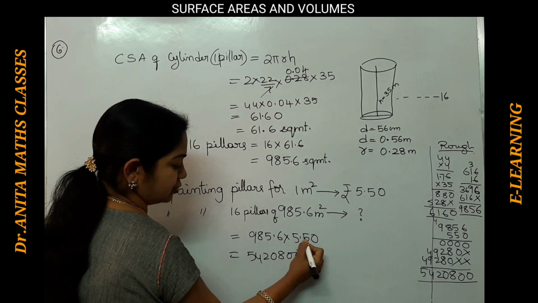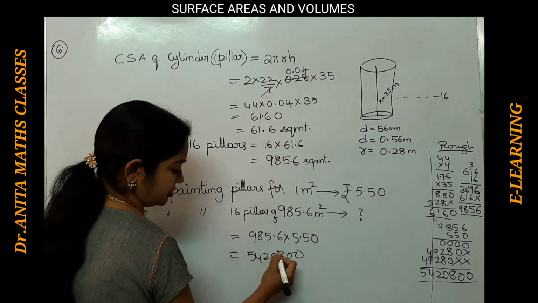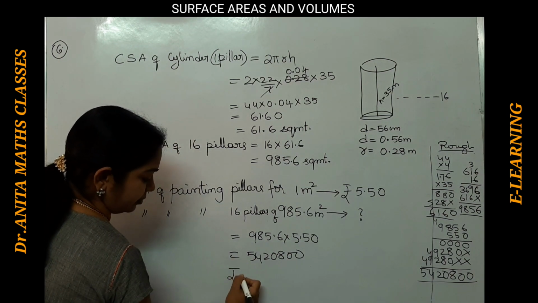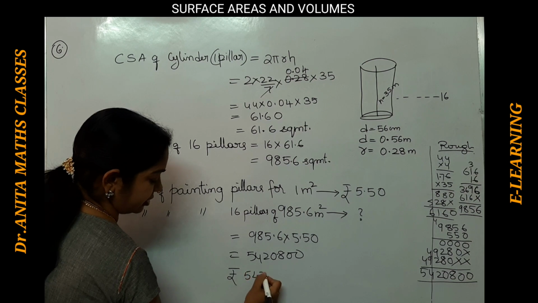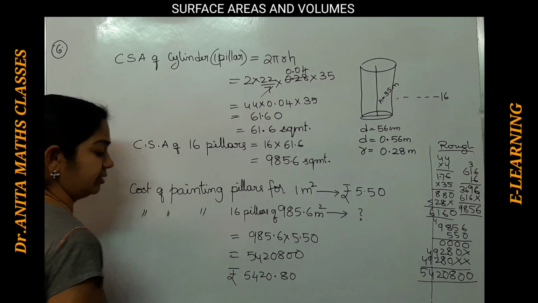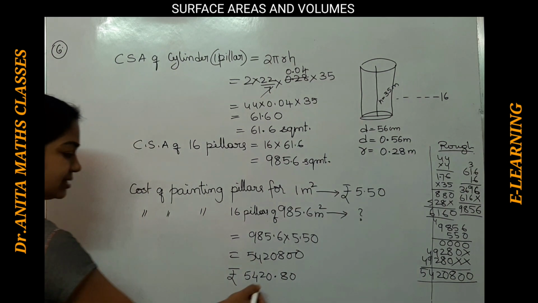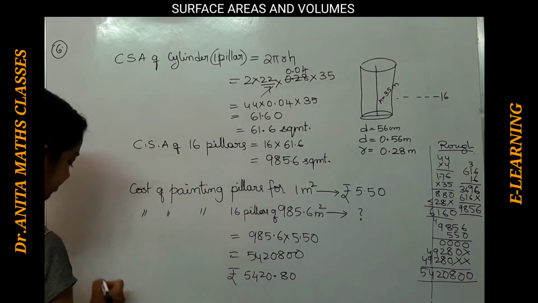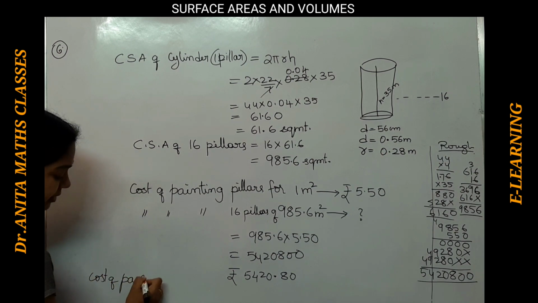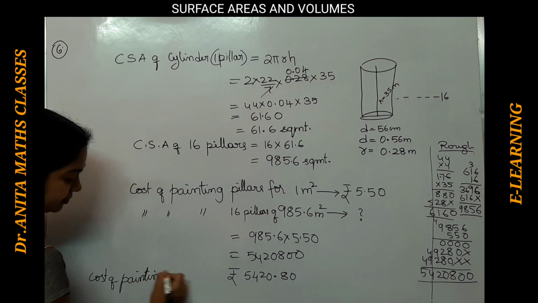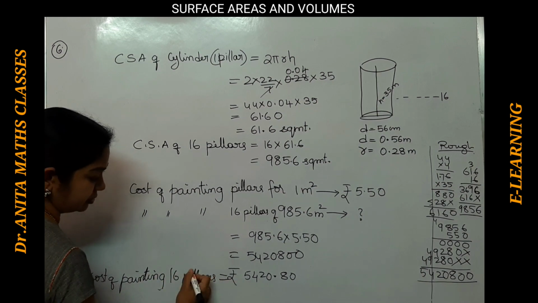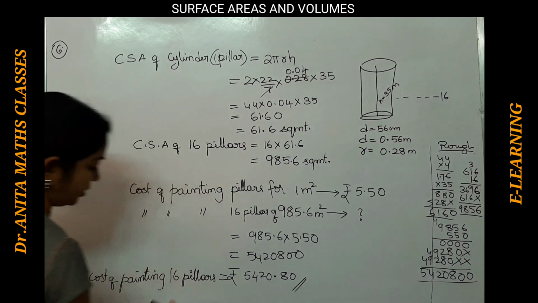After 3 digits we place the decimal point, so this much means rupees 5422.80. After the decimal point you can remove the 0. So the cost of painting 16 pillars equals this many rupees. Pause it and note it down.